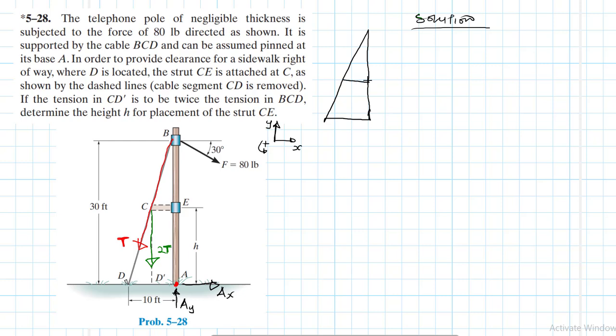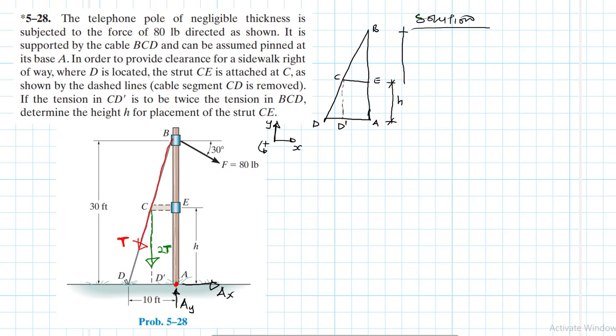This is B, this is A, this is E, this is C, this is D, this is D prime. This height here is H. This is what we want to find.